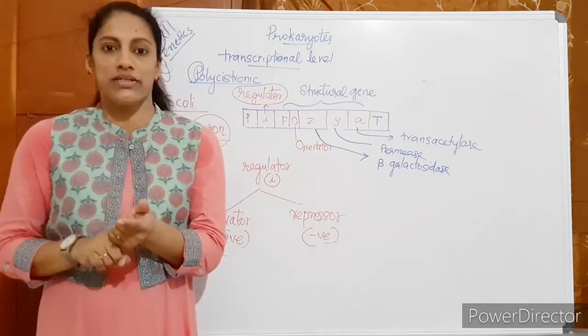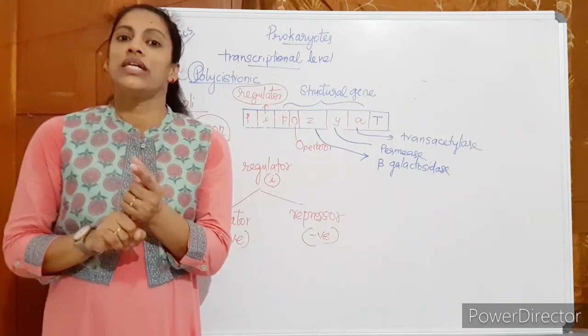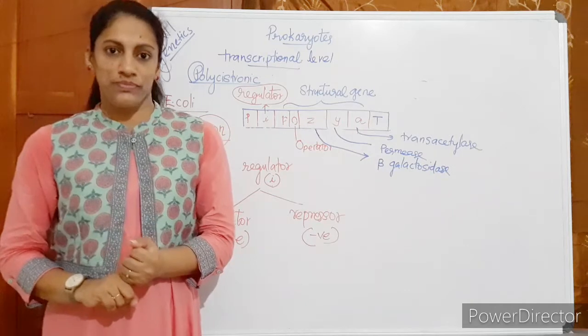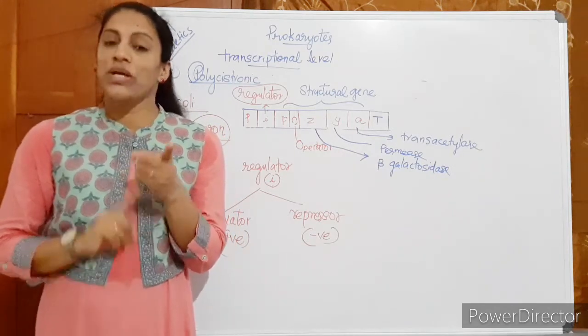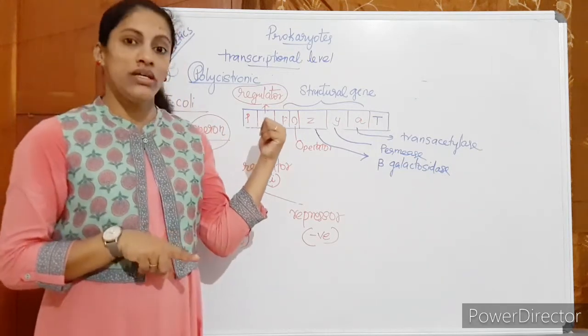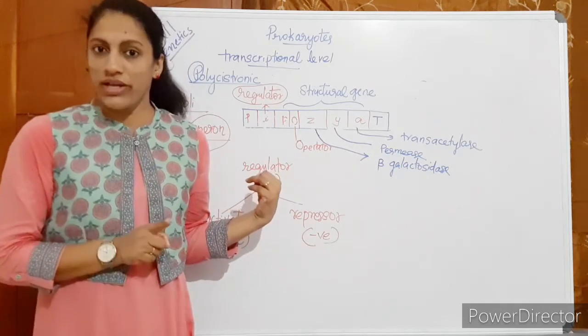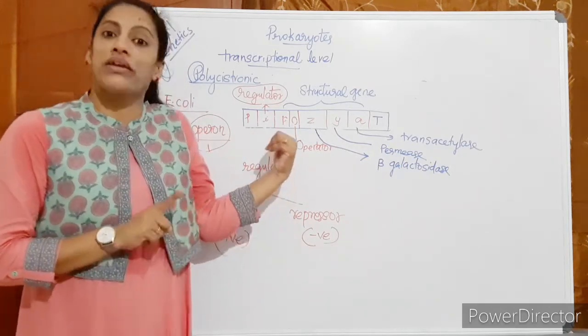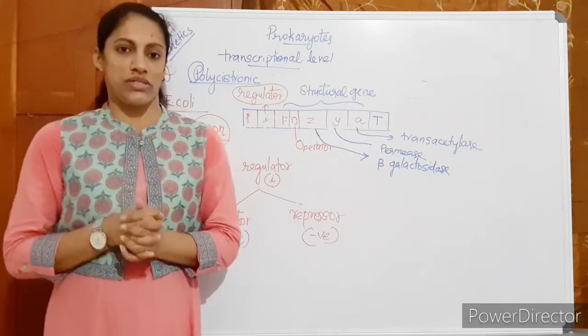When it is regulated there, there is the concept of a regulator gene. By the regulator gene action, the process is controlled. The regulator gene is either producing an activator which positively regulates the process, or a repressor which negatively controls the process, which blocks the process.